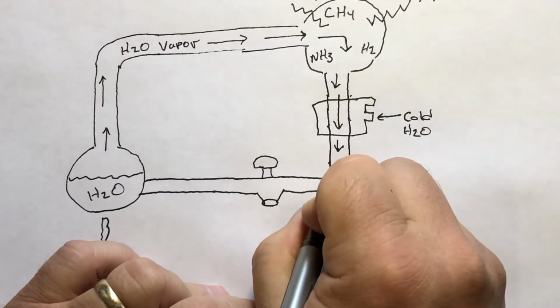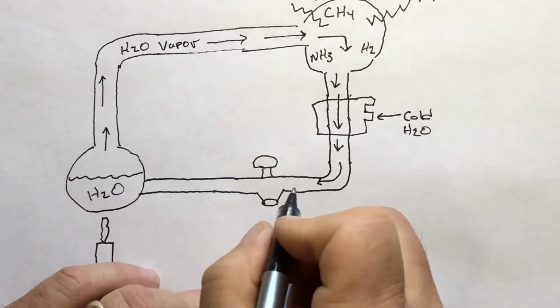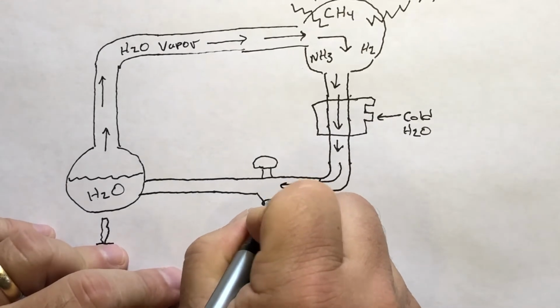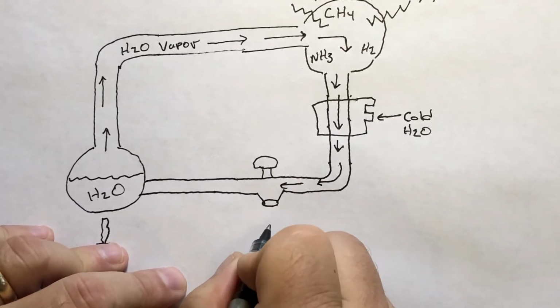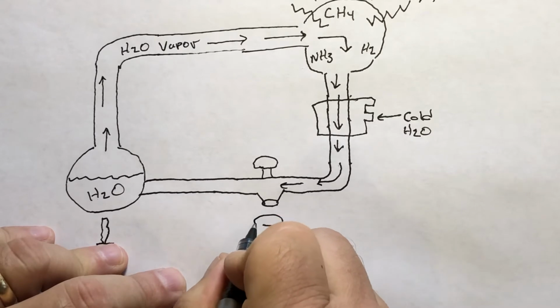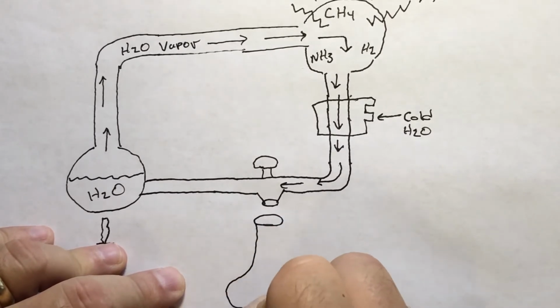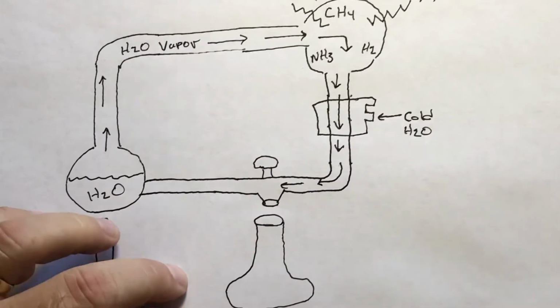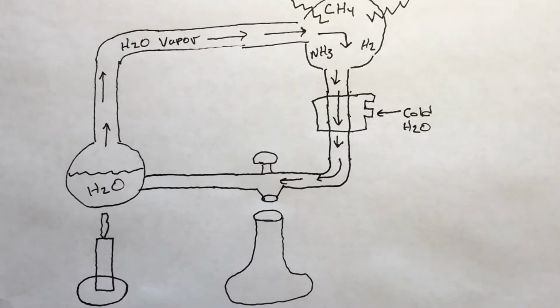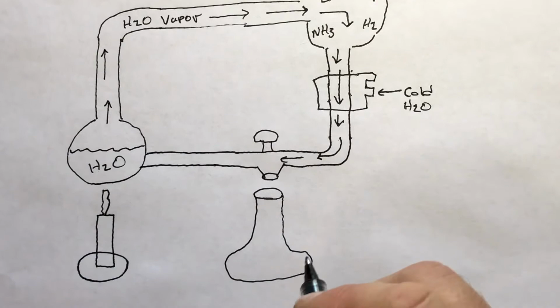And so now this liquid water moves past this valve, and down here he has the old Erlenmeyer flask. And the Erlenmeyer flask is where he's going to collect his sample.